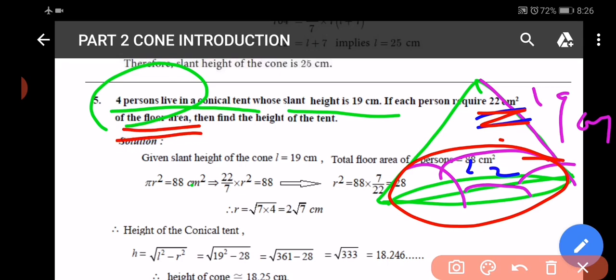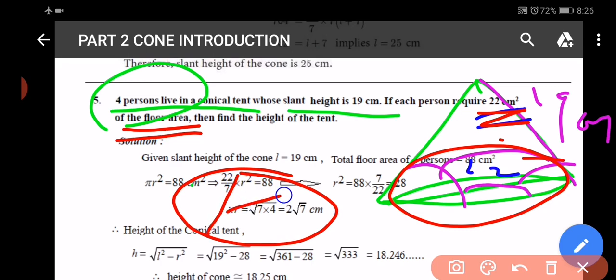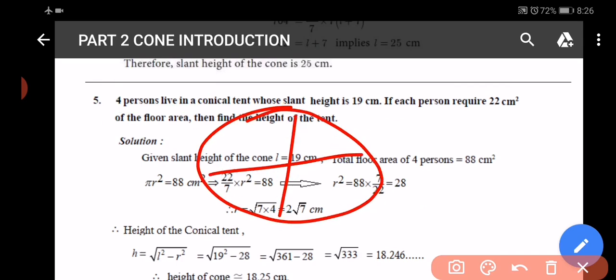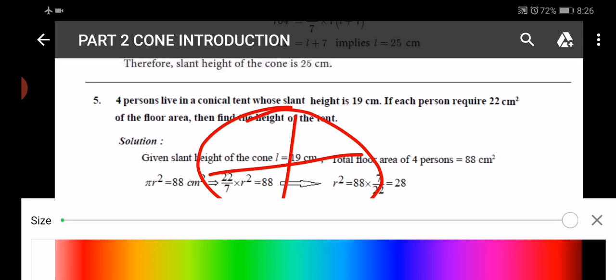Floor area means we take the base of the circular cone only. This base is split into 4 parts. Each part requires 22 centimeter square.